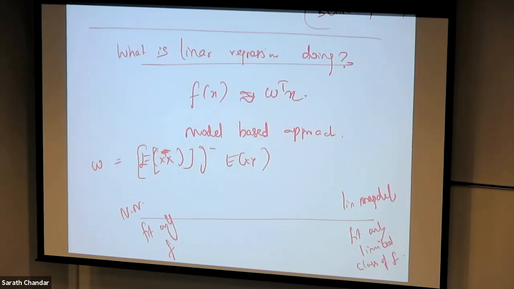Now, when I say it can only fit linear models, it is immediately obvious that this is not a universal function approximator, right? I cannot solve every problem by using linear models, while I know that I can solve every problem by using nearest neighbor, given I have an exponential amount of data, right?